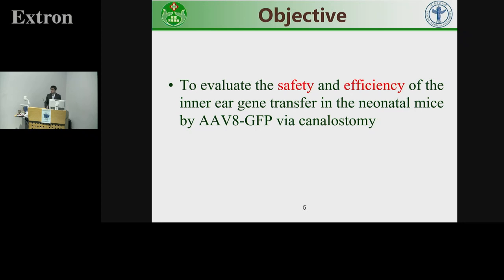So in this study, we used adeno-associated virus serotype 8, harboring the green fluorescent protein sequence, to evaluate the safety and the efficiency of canalostomy in neonatal mice.